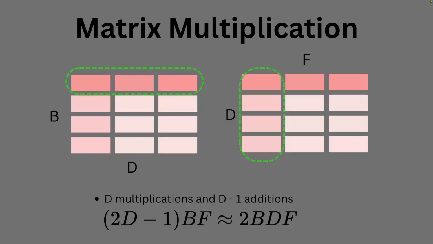Now let's see matrix multiplication. In matrix multiplication, you have 2 matrices of dimensions B, D and D, F. What you do is you multiply this row with this column, then this row with this column, this row with this column, and you get one row in your result matrix.